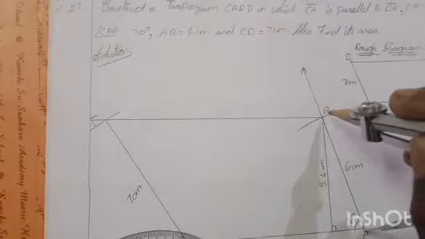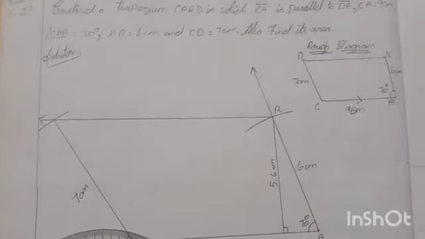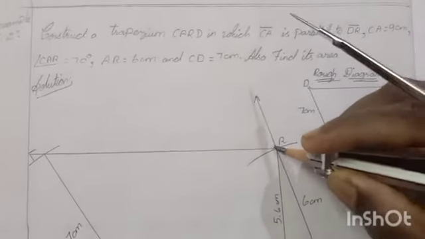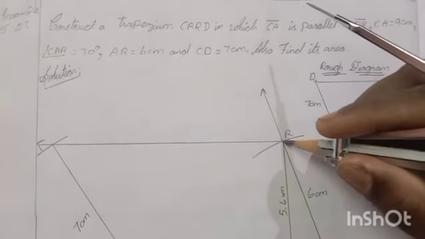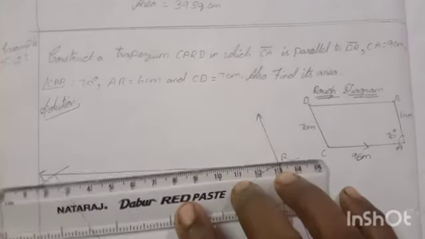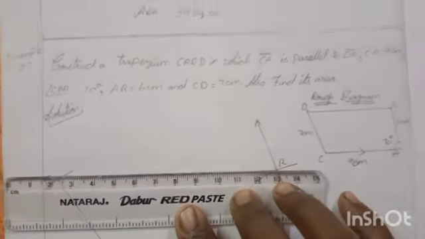Keep here and draw the arc of 6 cm. Then mark this point. Using this point, you have to draw one parallel line.